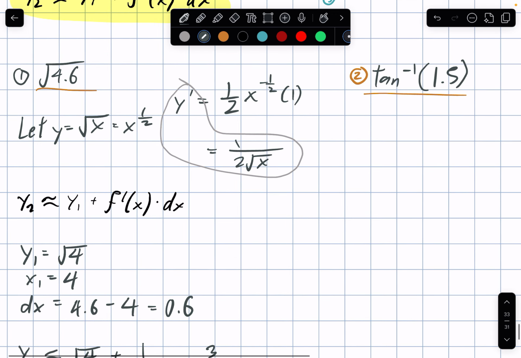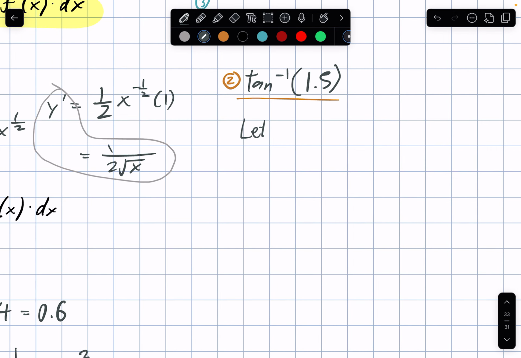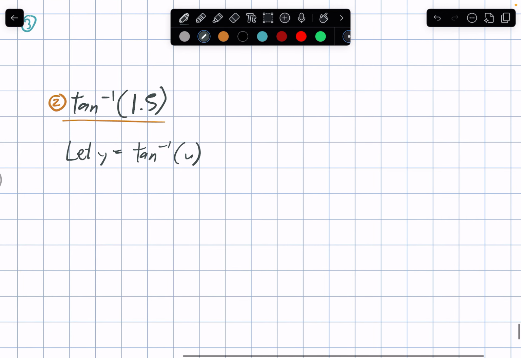Let's begin. So let y equal to arctan u. That's our first step. So find the derivative of this. 1 over 1 plus u squared times 1.